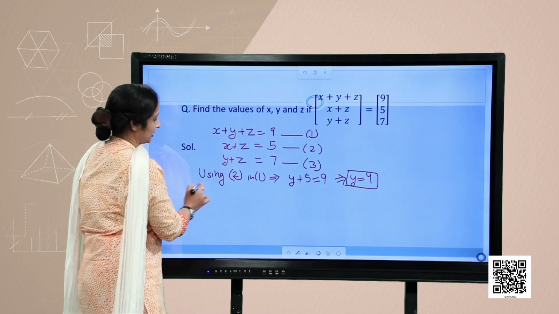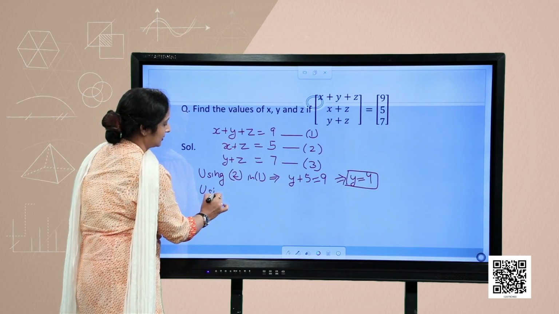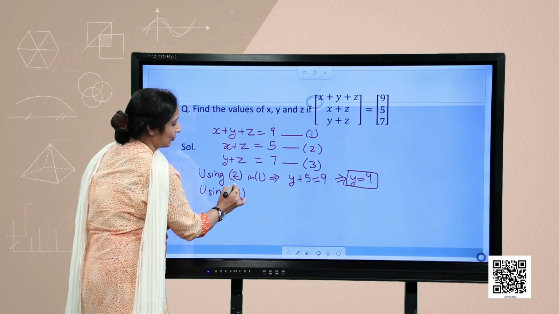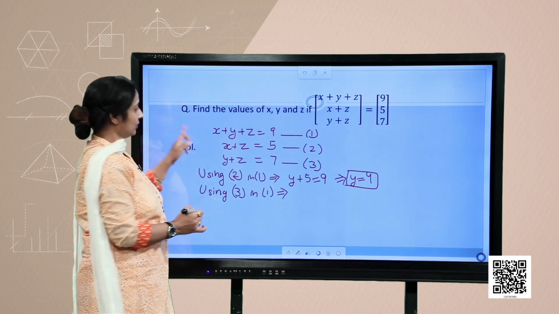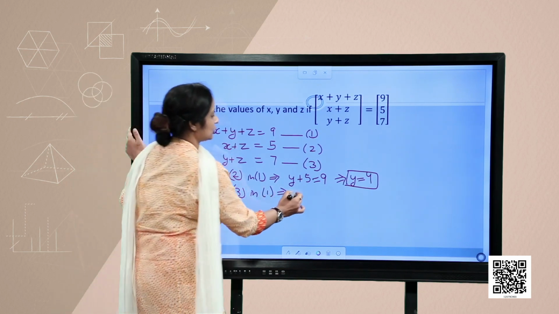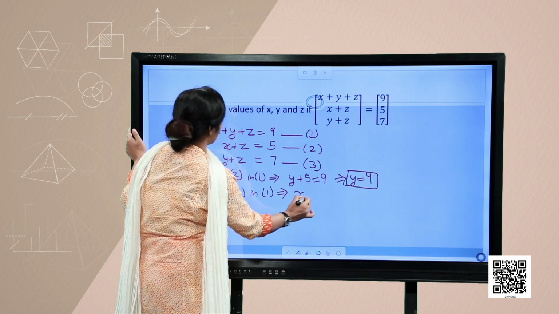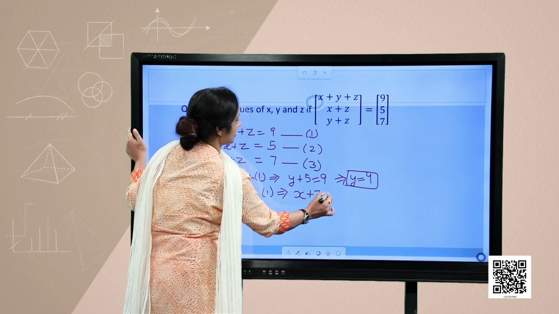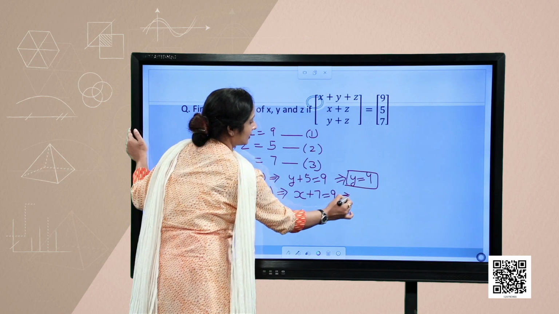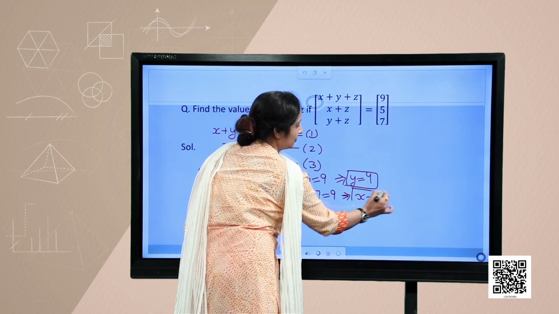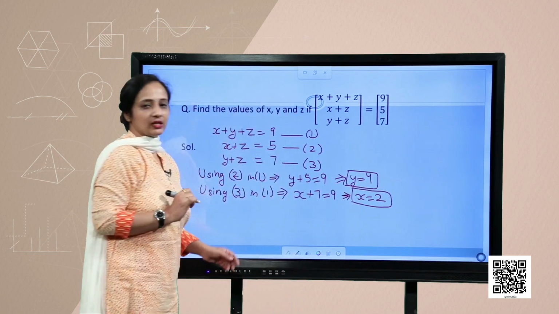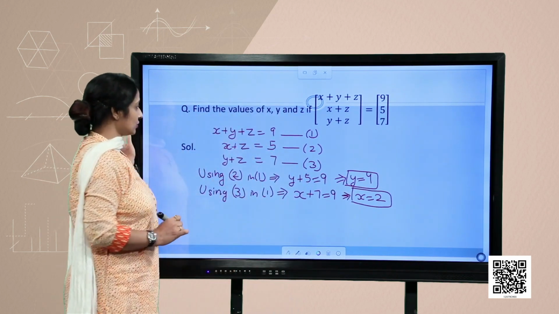Similarly, you can use the third equation in 1. This will give you y plus z to be replaced by 7. So x plus 7 is equal to 9. That gives you x is equal to 2. So you have got 2 values out of 3. Substitute anywhere.